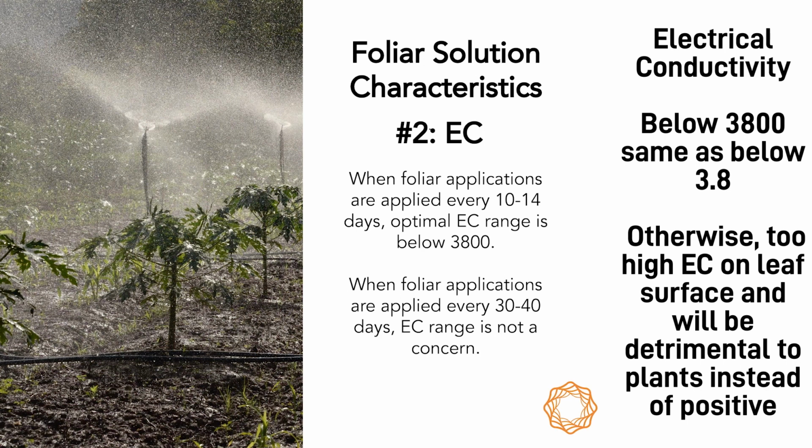However, if we're applying foliar applications in a broad window of time, if we're growing broadacre crops such as cotton or wheat or corn or soybeans, and we're only applying 2 or 3 or 4 foliars through the course of the growing season, then the electrical conductivity range is not as much of a concern.